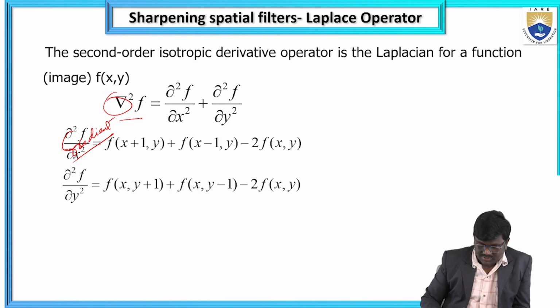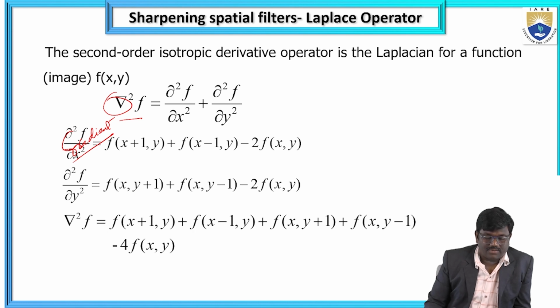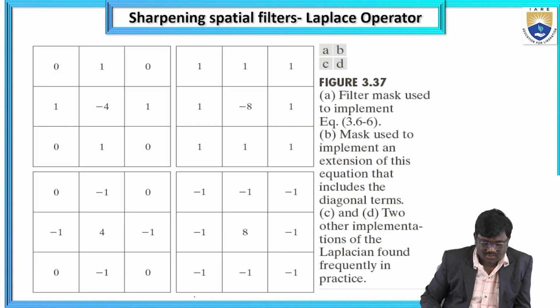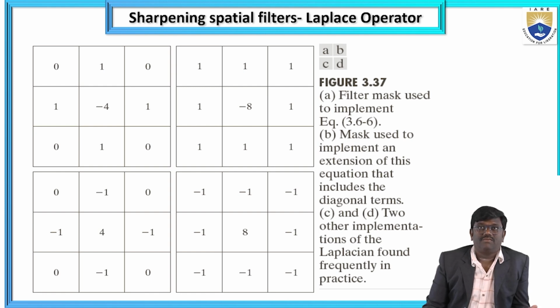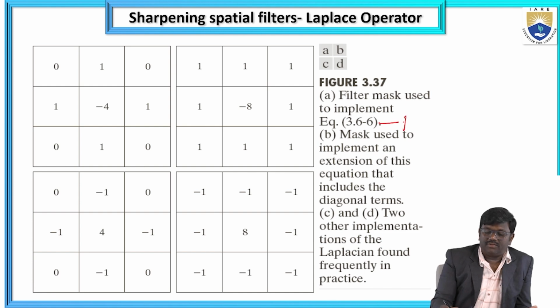So this object function we can extend to first order and second order with respect to x and with respect to y, and combine together, so we obtain the required result. Such an equation, based on your selected image, is implemented using a filter mask.